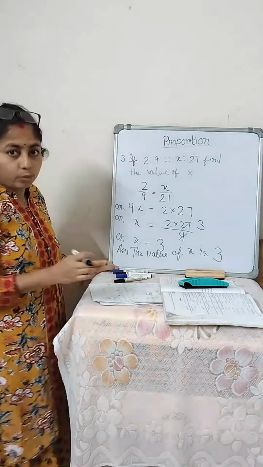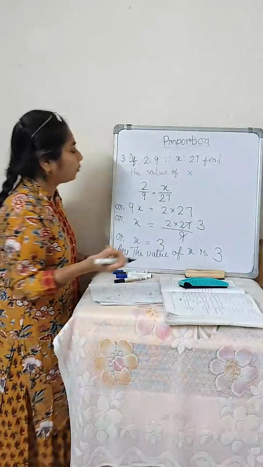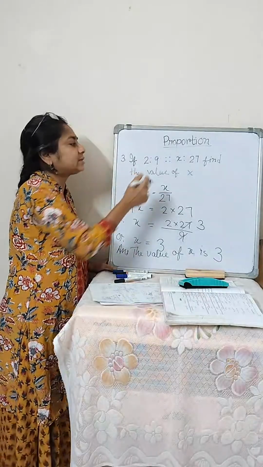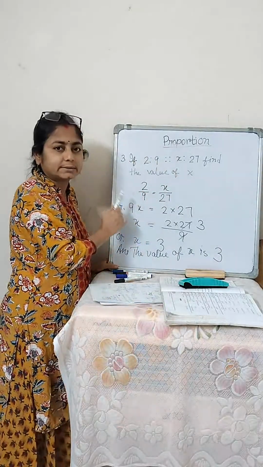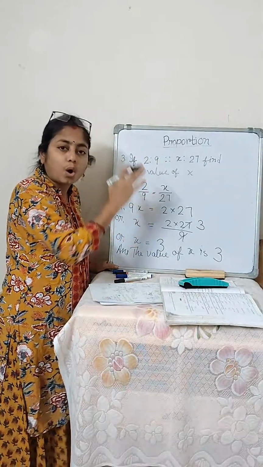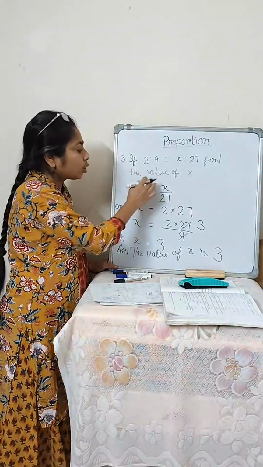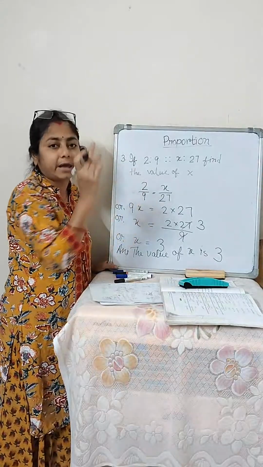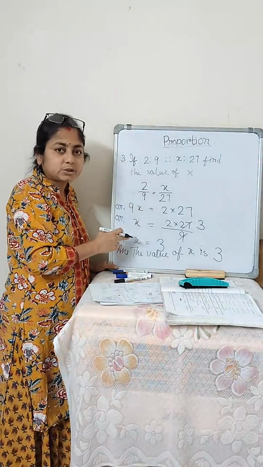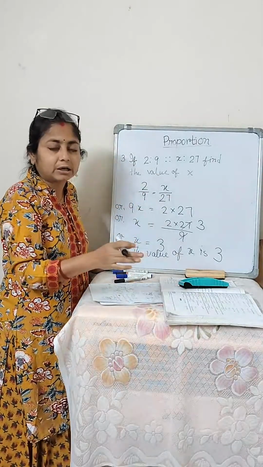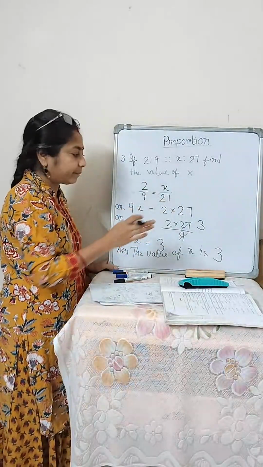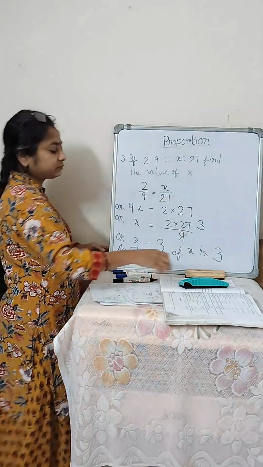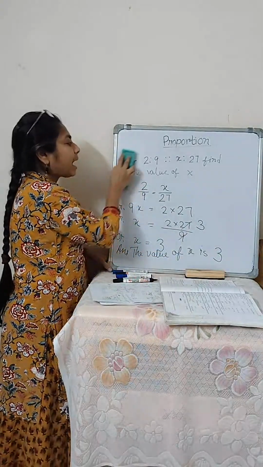Okay? I tell one more time. What I am doing first: here is the proportion sign, so I remove the proportion sign and use the equal sign. Then you do the normal simplification, crosswise multiplication, and find the x value. At this time you do not do any multiplication, you just write the numbers and simplify. Clear? Now I go to another class.